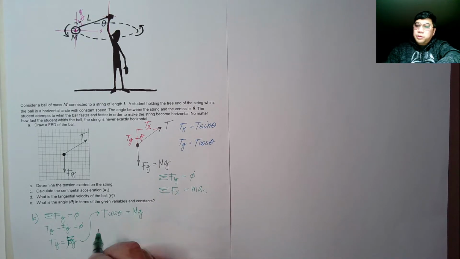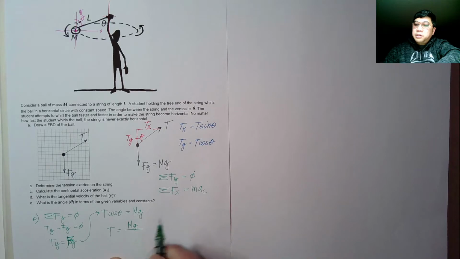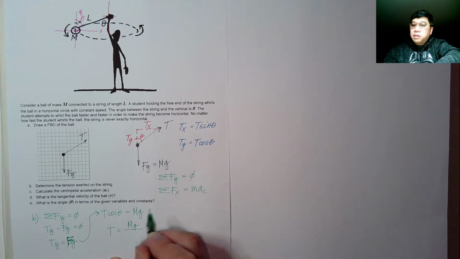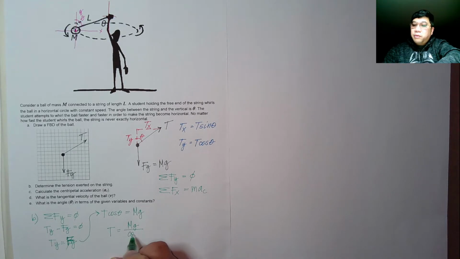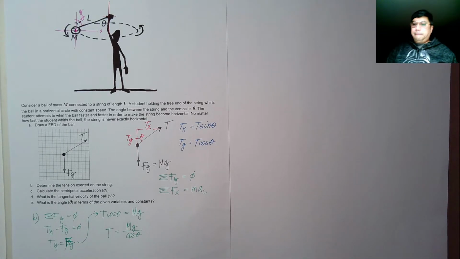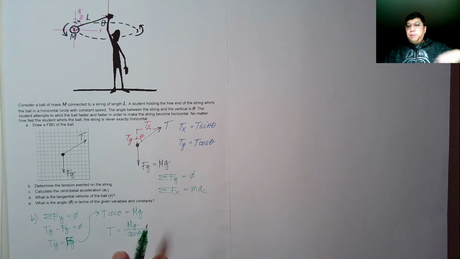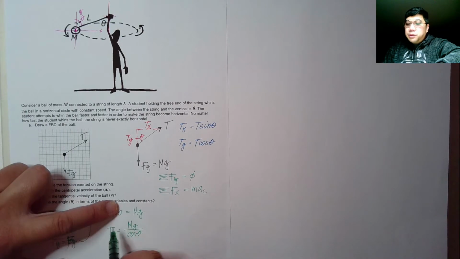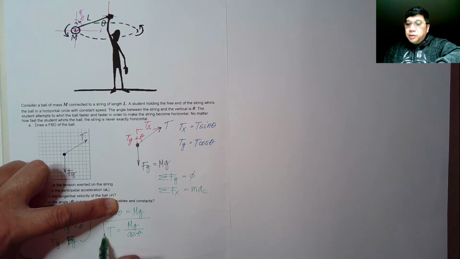So let's divide both sides by cosine theta. Therefore, I have an answer for my tension: mass times the acceleration due to gravity divided by cosine of theta. So step number 1, we were able to solve for our tension.